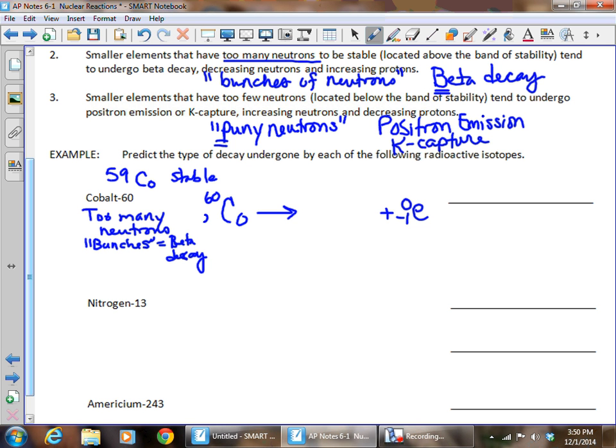Remember, cobalt has an atomic number of 27, so that means we need a 28 here, and the 60 will stay the same on top, and this is nickel. So by beta decay, we would gain another proton, lose a neutron, and we would help that too many neutron situation. So this is beta decay.